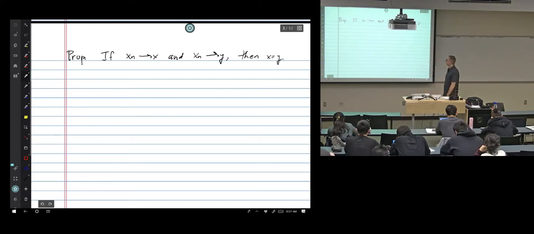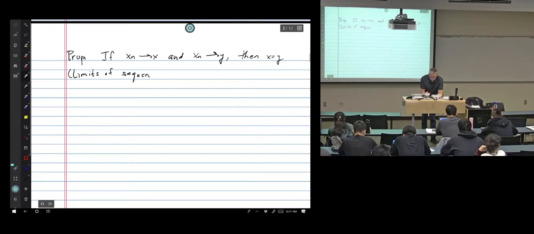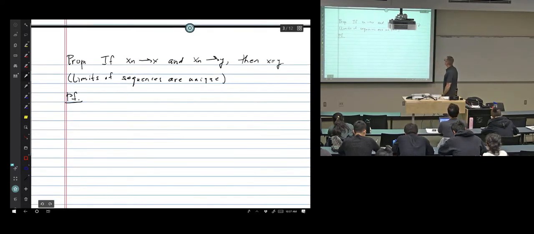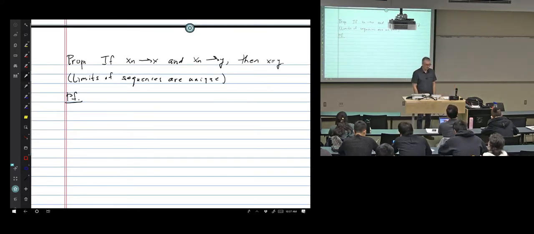In other words, limits of sequences are unique. There's only, if it has a limit, there's only one. Okay. Why should that be true?